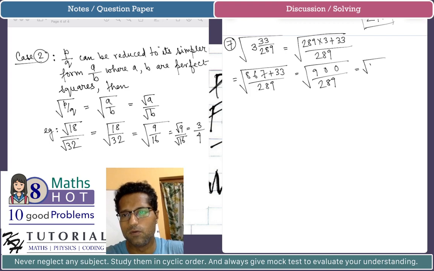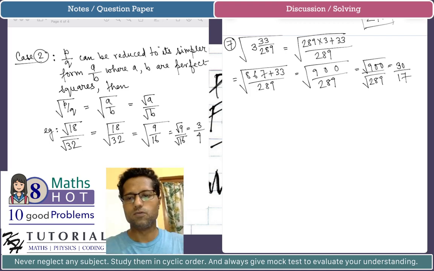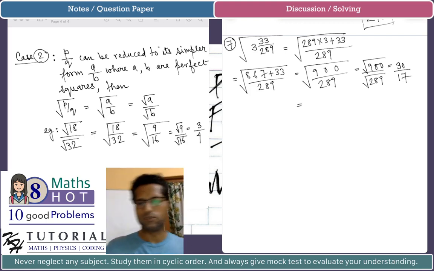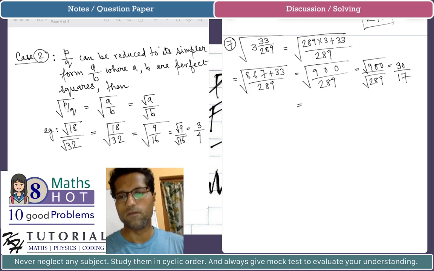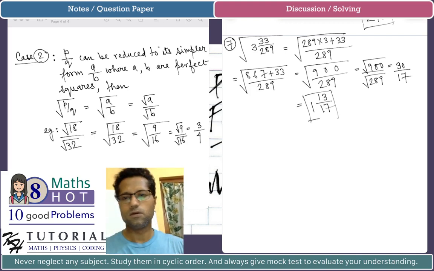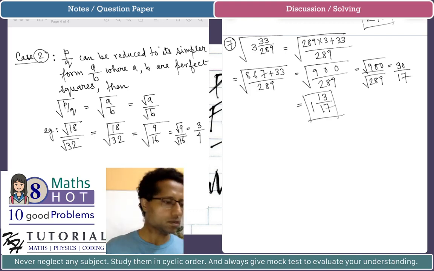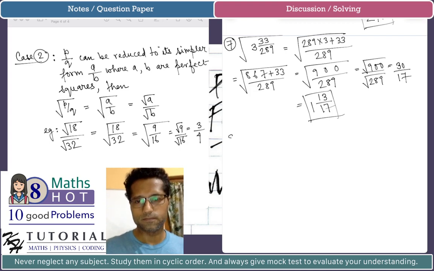So we have the value as square root of the numerator divided by square root of the denominator, and square root of 900 is 30, and square root of 289 is 17. So this is equal to 30 by 17, which is an improper fraction. If you convert it to a mixed fraction, this becomes 1 and 13 by 17. This is the answer. Let's do 8.